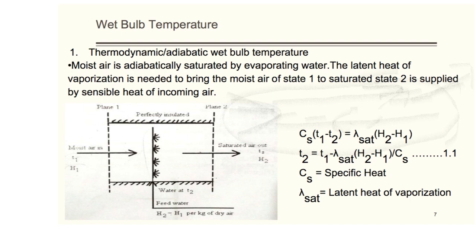And so we can find T2, the temperature of outgoing saturated air, which is termed the wet bulb temperature. So it equals T1 minus lambda saturated multiplied by (H2 minus H1) divided by Cs. Cs is the specific heat or humid heat, and lambda saturated is the latent heat of vaporization.